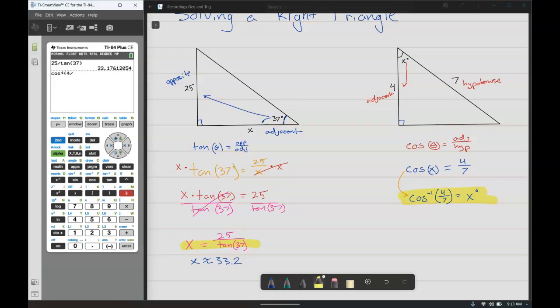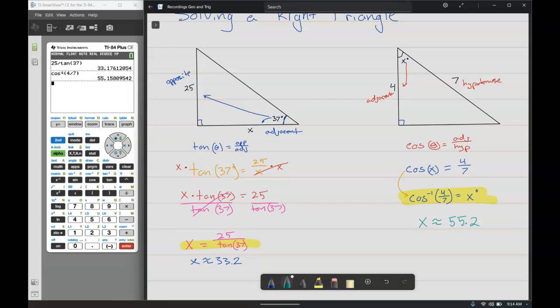Then we write our fraction of 4/7 inside there and evaluate it. It gives us, again, an approximation, an estimate for the measure of the angle. So we know that the angle x is approximately 55.2 degrees.